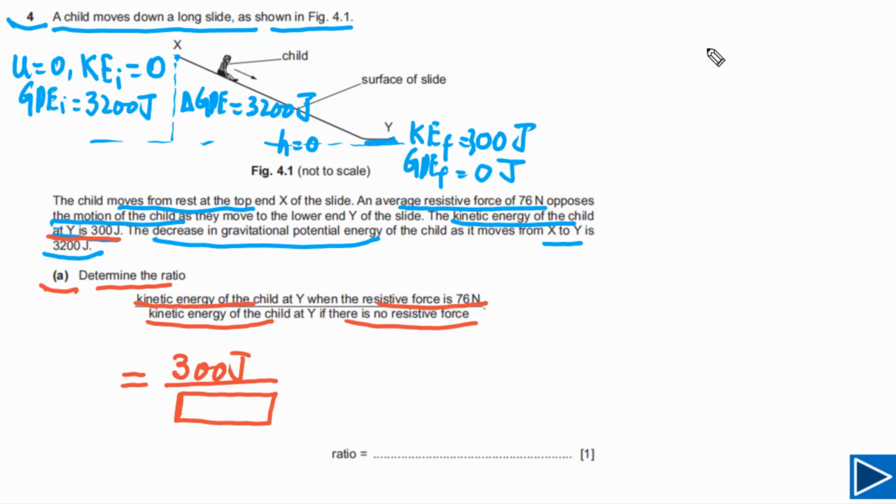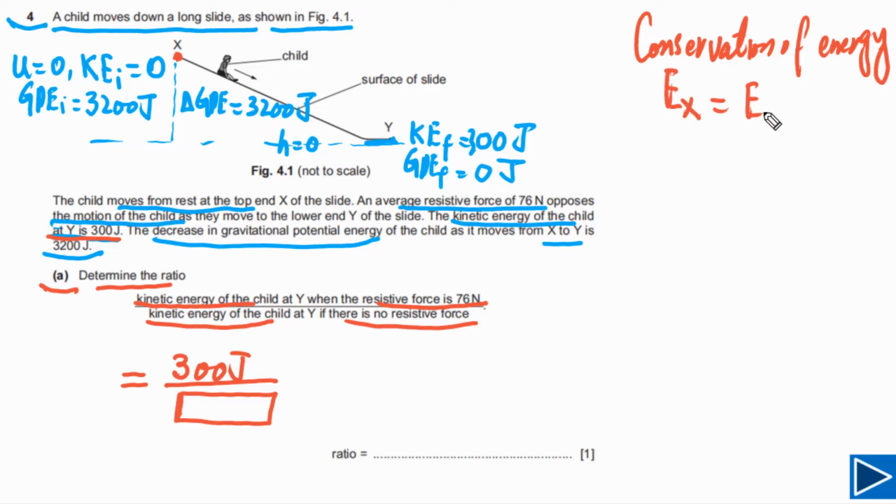For that purpose, we will use the principle of conservation of energy. We can find this directly, but to give you better understanding, I will apply conservation of energy. The total energy at x has to be equal to the total energy at y.